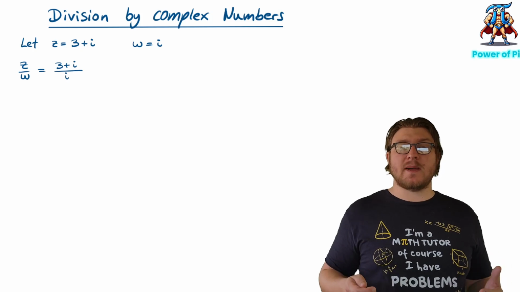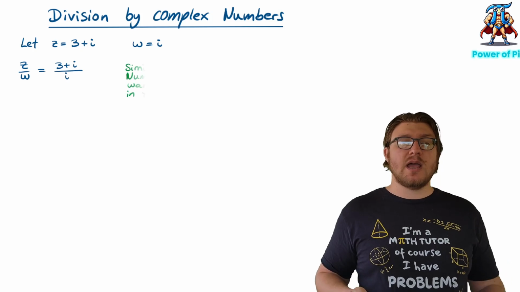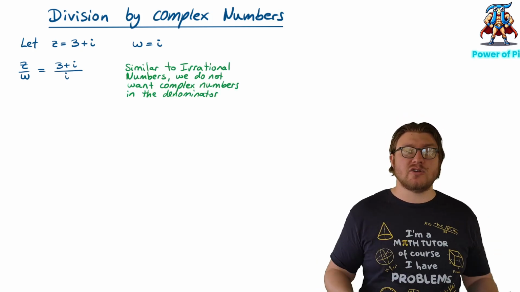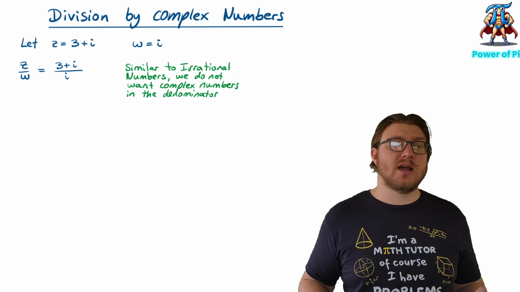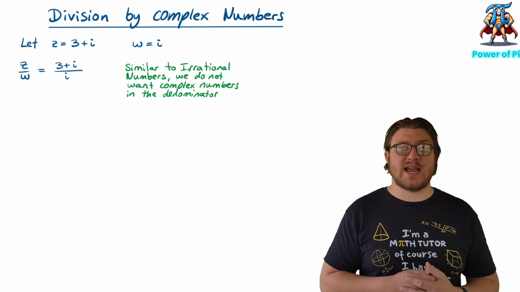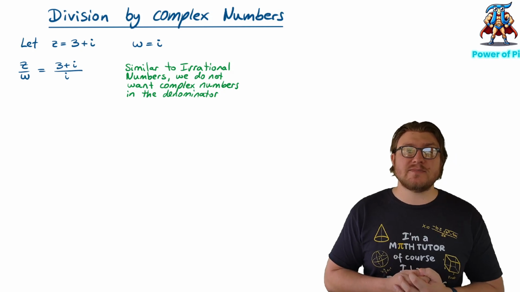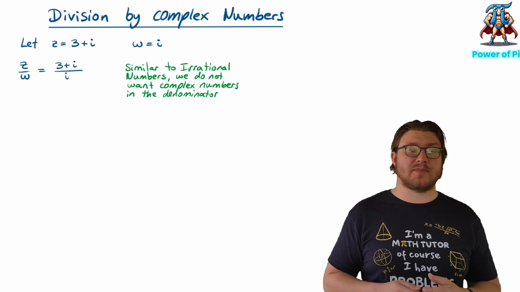Well, remember, we get rid of an i if we multiply by the conjugate. But if we do that in the numerator and the denominator at the same time, we can apply that formula that we've just had on the slide before. This is very similar to what we've had in our irrational numbers.